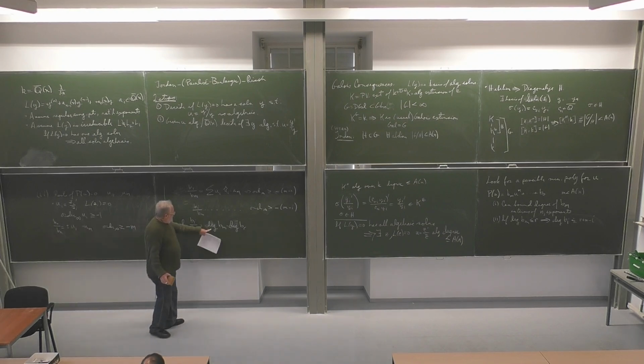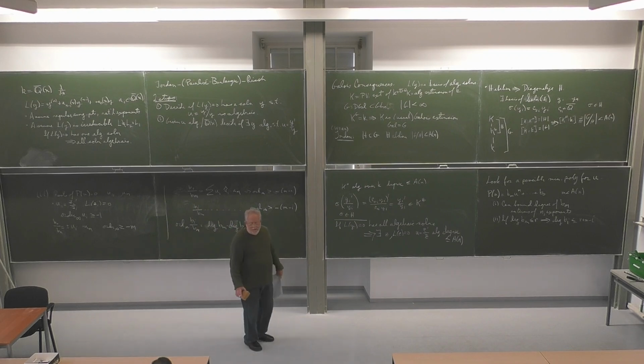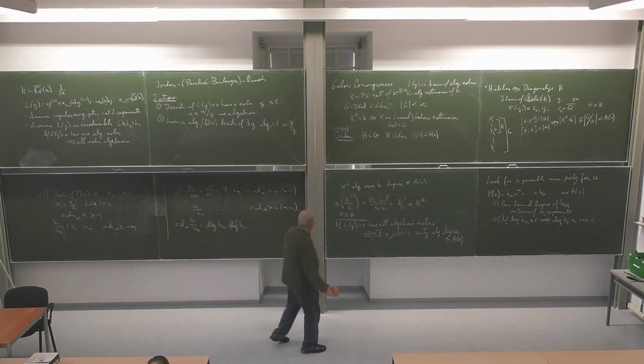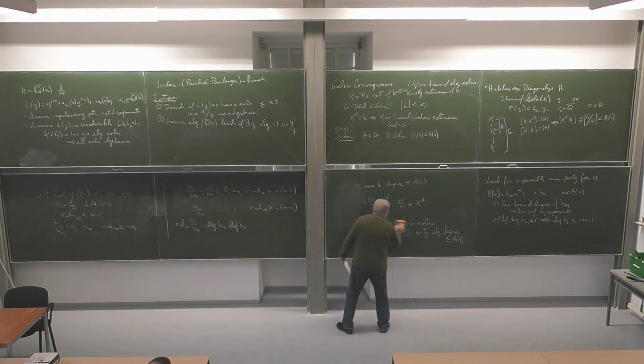So if this has large degree compared to this, then at infinity you have a 0, as x goes to infinity. Yeah, no, here it matters.